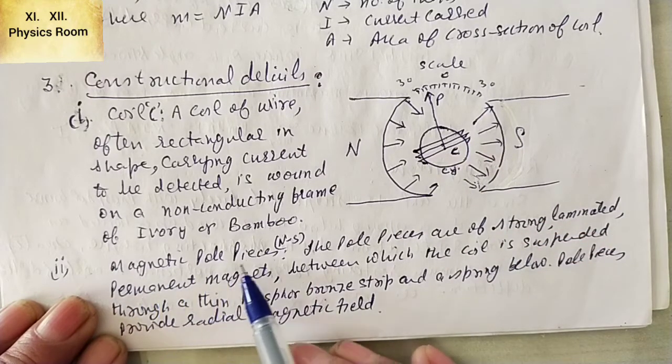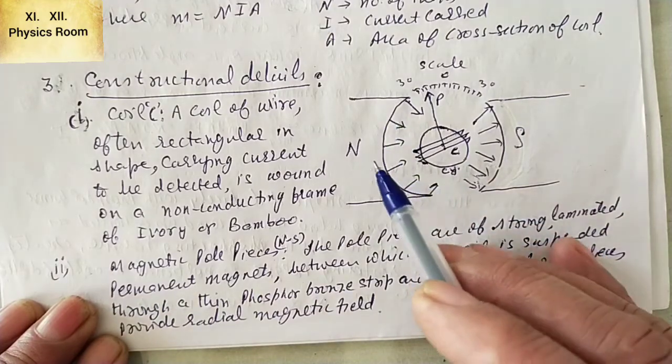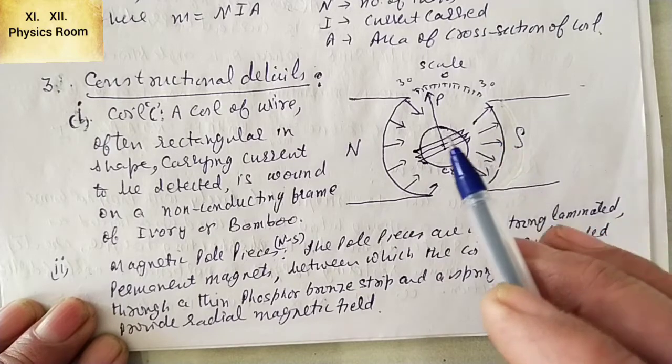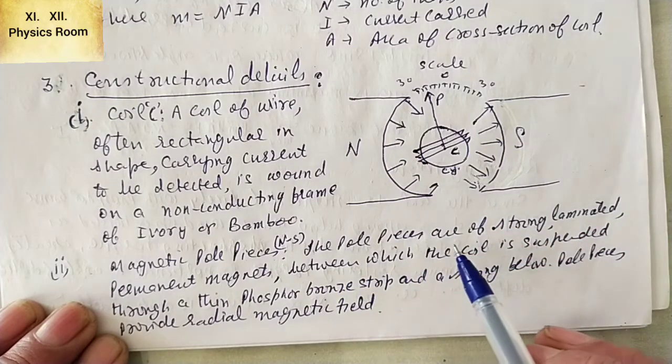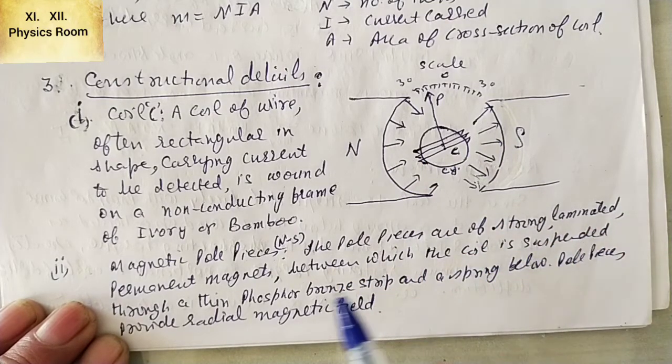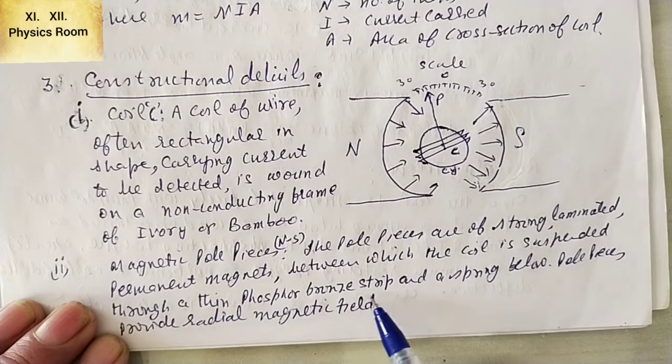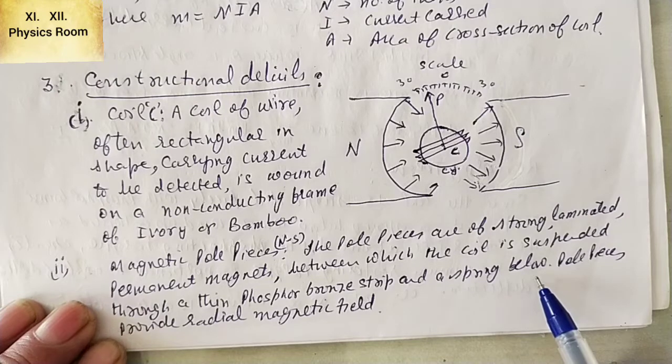Second, magnetic pole pieces, north and south. These are magnetic pole pieces. The pole pieces are of strong laminated permanent magnets between which the coil is suspended through a thin phosphor bronze strip and a spring below. Pole pieces provide radial magnetic field.